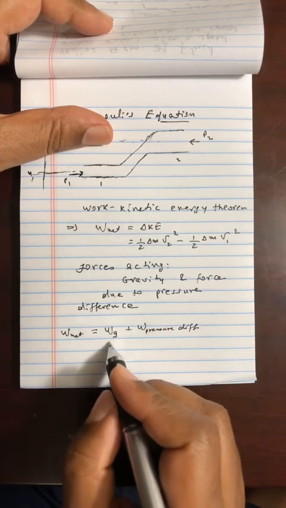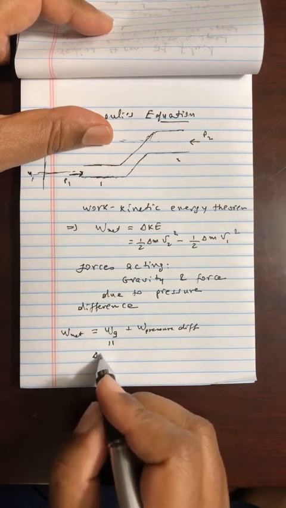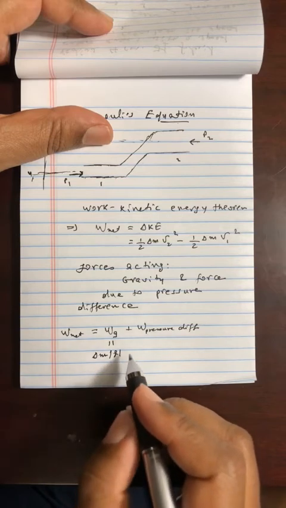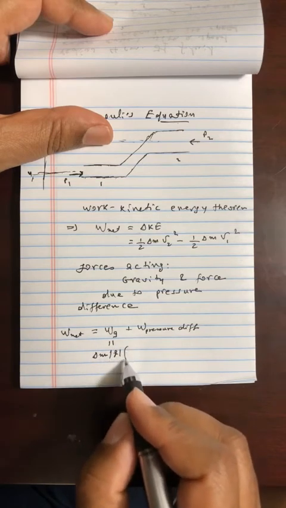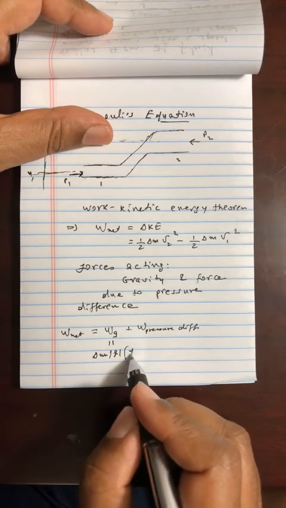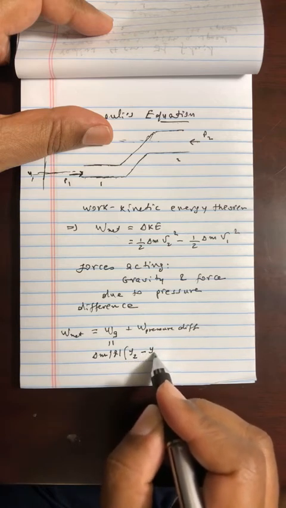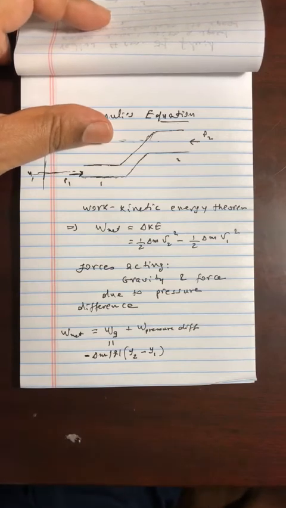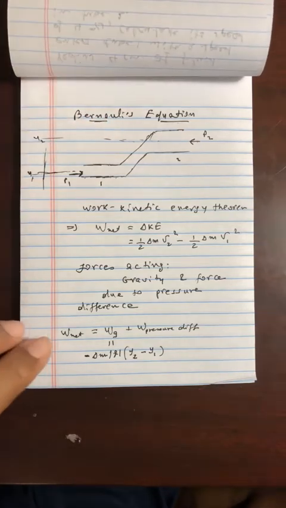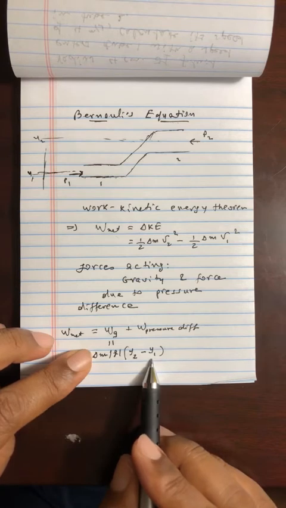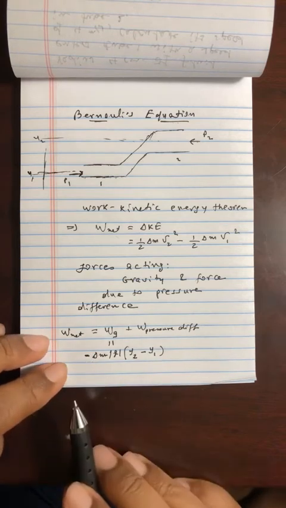So the work done by gravity is the mass times gravity times the negative of y2 minus y1. That is the work done by gravity, the negative of the change in potential energy. mgy2 minus mgy1 is the change in gravitational potential energy, and then of course the negative of that.